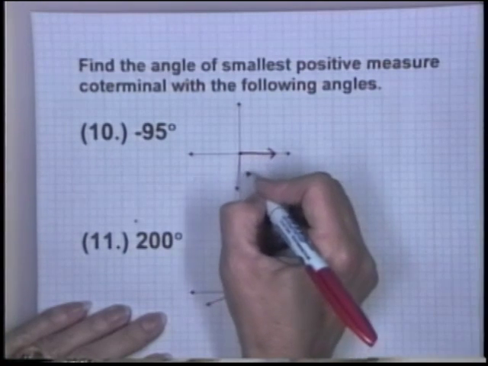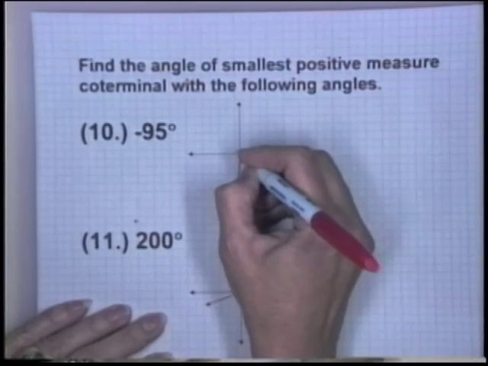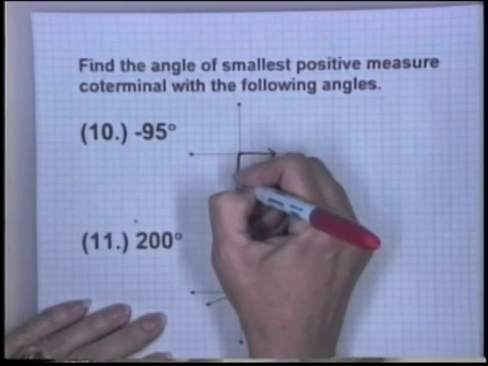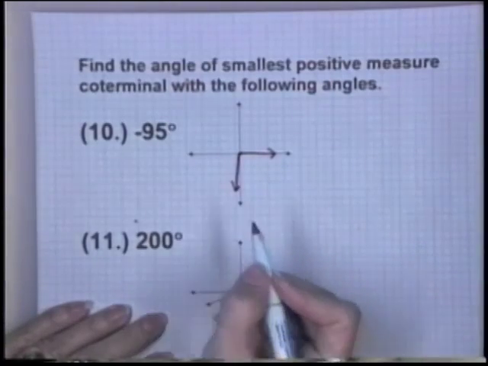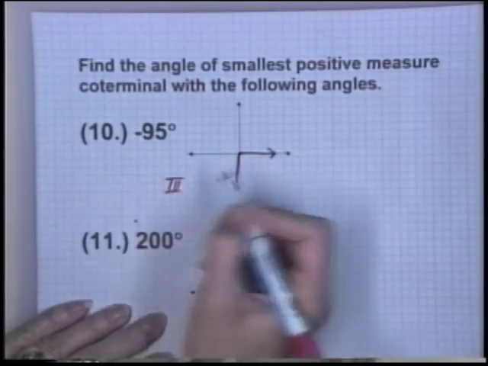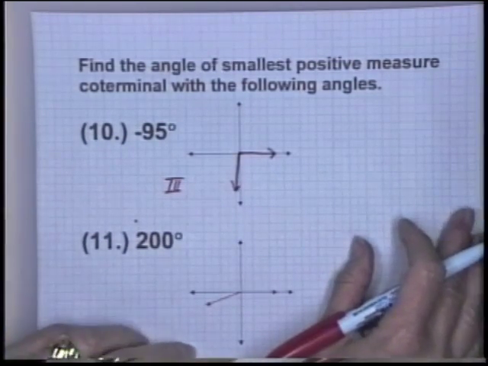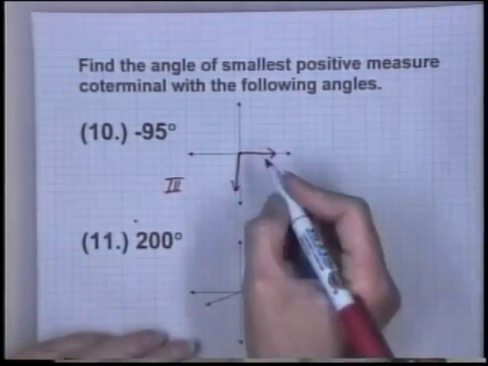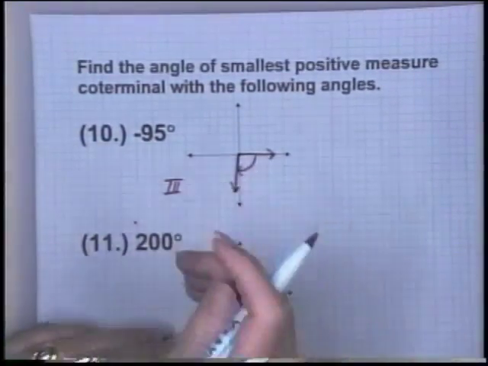We know 90 degrees takes us to the negative y-axis, so we'll go just a little bit past that, and we'll just sort of estimate on that. It doesn't ask us, but that would be a third quadrant angle because its terminal side is in the third quadrant.